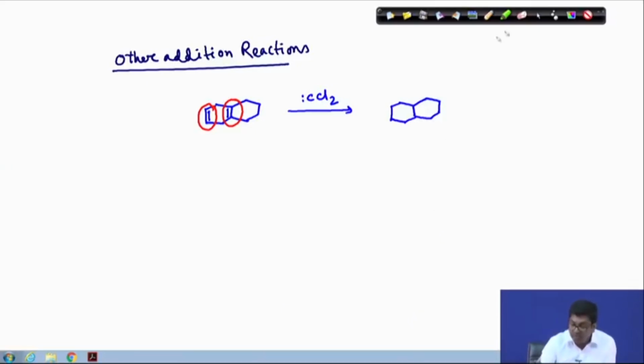So, it will react with the electron deficient carbene and first give this as a major product.